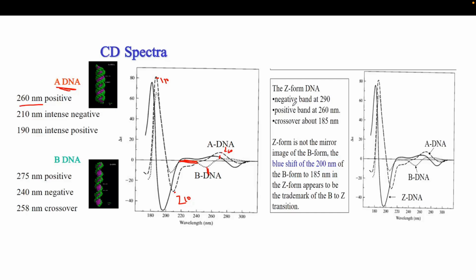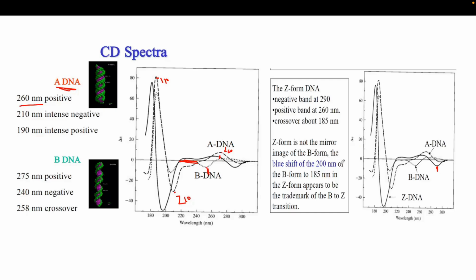This Z form has a negative band at 290 nanometers, and a positive peak at 260 nanometers, and the crossover is at about 185 nanometers. The Z form is not the mirror image of the B form.